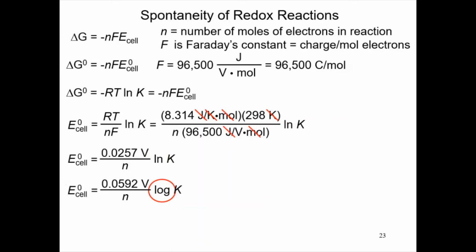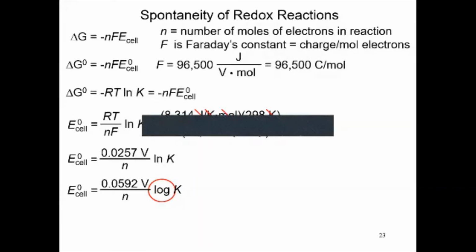Now here is what is very interesting. In the previous unit, we encountered a relationship between the free energy change and the equilibrium constant. Now we have a relationship between the equilibrium constant and the potential of the cell. And of course, above, we had a connection between the potential of the cell and the free energy change.